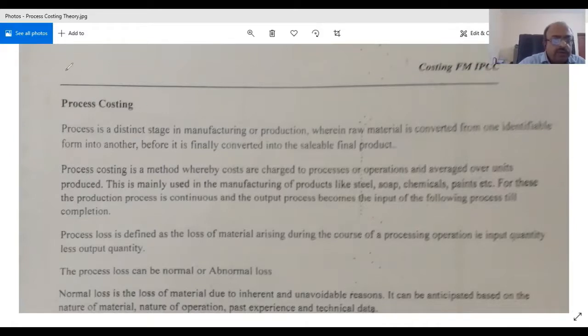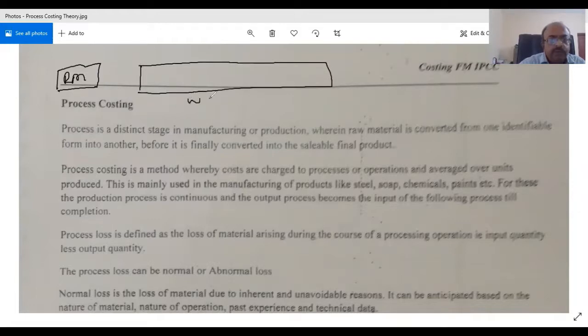So as we looked at earlier, this was my raw material store. This was my WIP location, and this was my finished goods store. And from here, sales was happening.